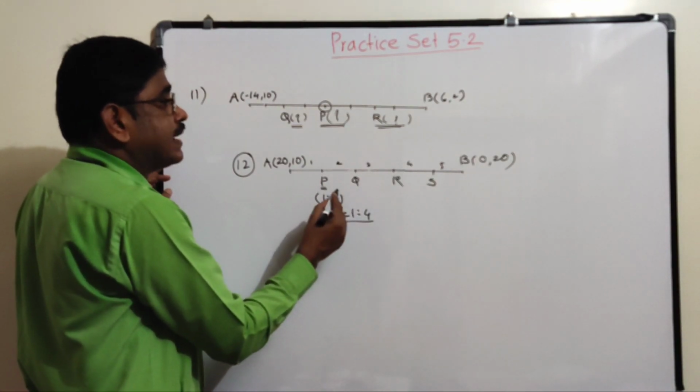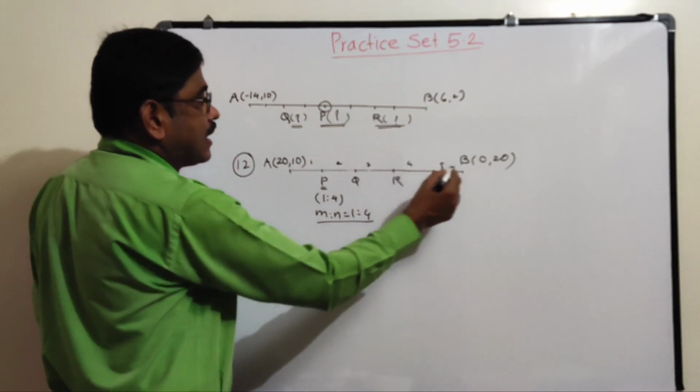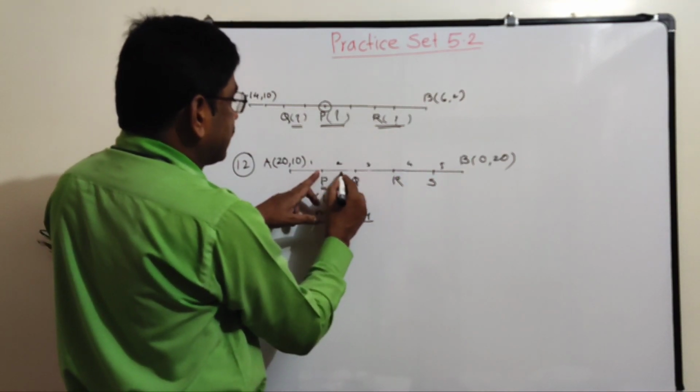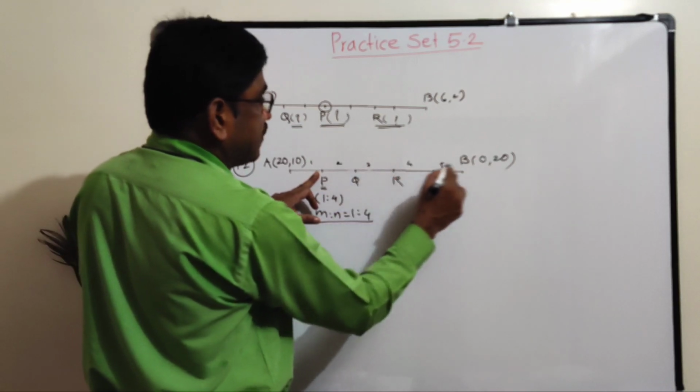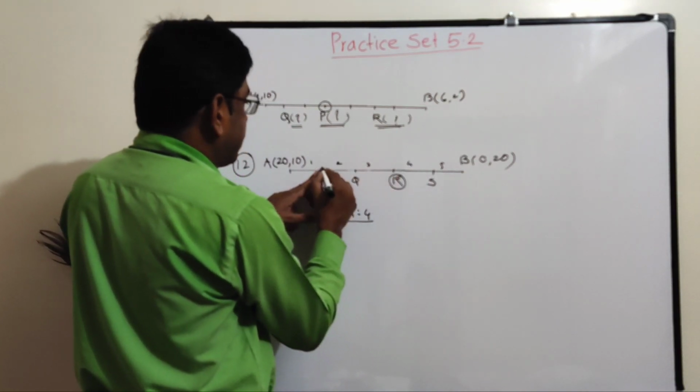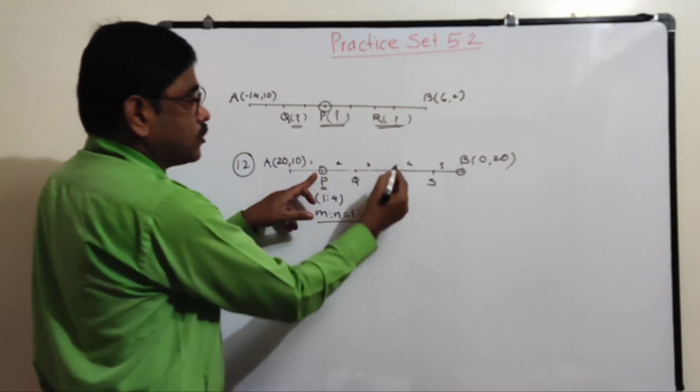If we get the coordinates of P, then how to find the coordinates of R and S? Here R is the midpoint. Here there are 4 parts: 1, 2, 3, 4. So R is the midpoint of P and B. So use the formula.